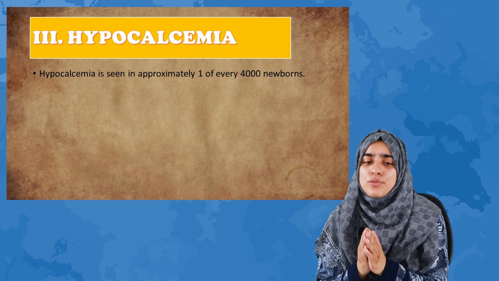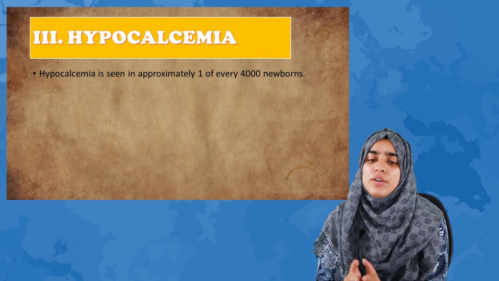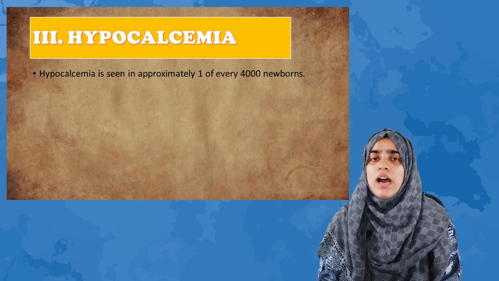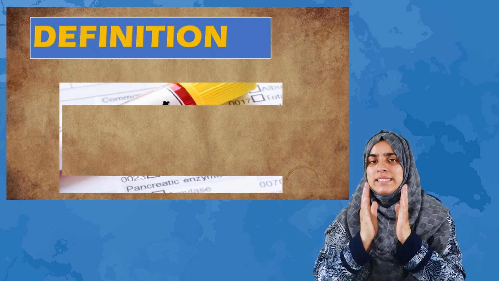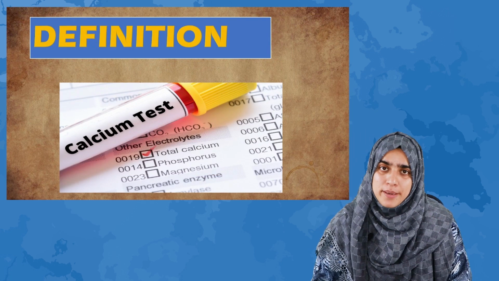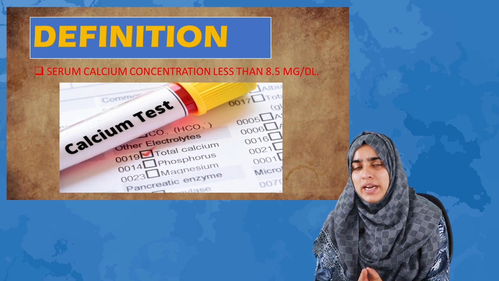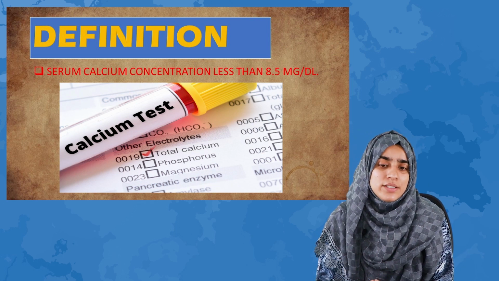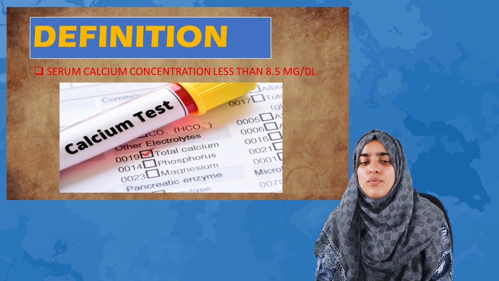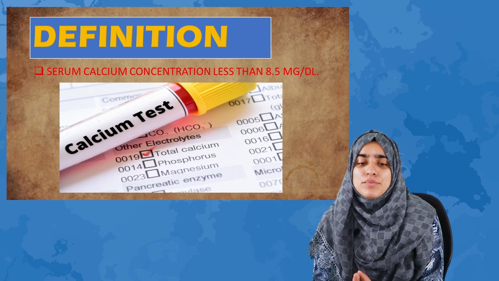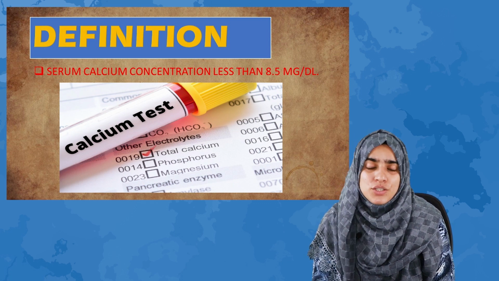We can see that approximately 1 of every 4,000 newborns is hypocalcemic. Let's define hypocalcemia. Hypocalcemia is defined as a total serum calcium concentration of less than 8.5 mg per deciliter seen in children.